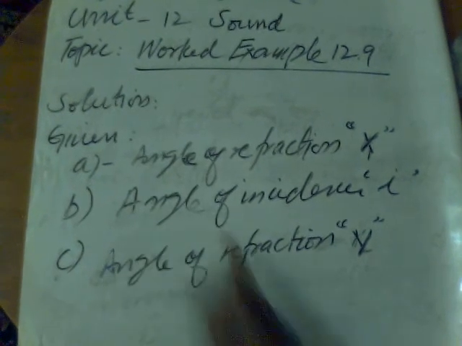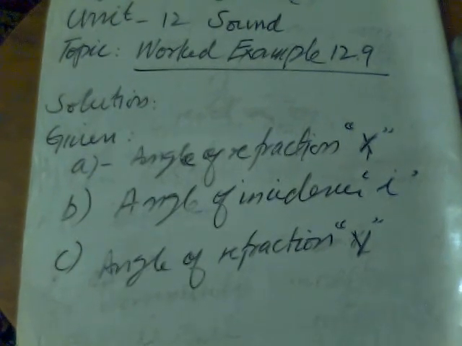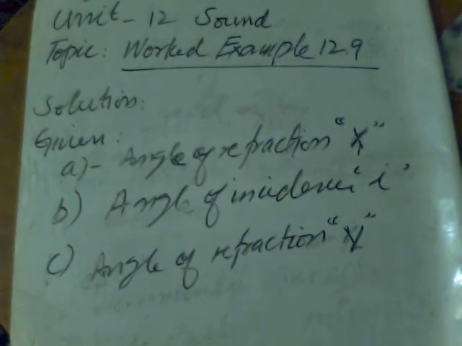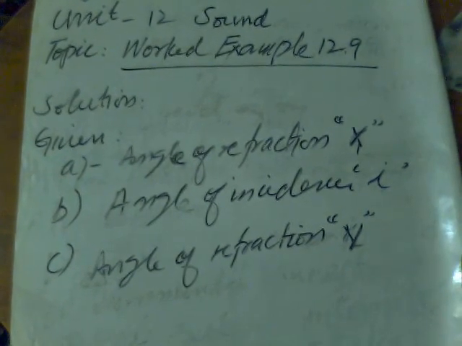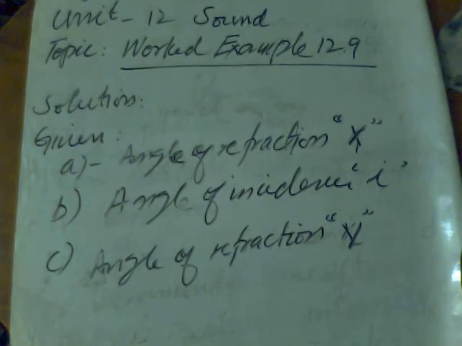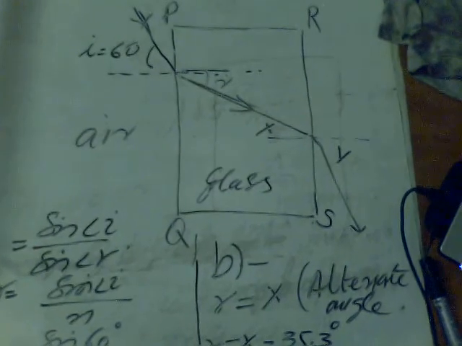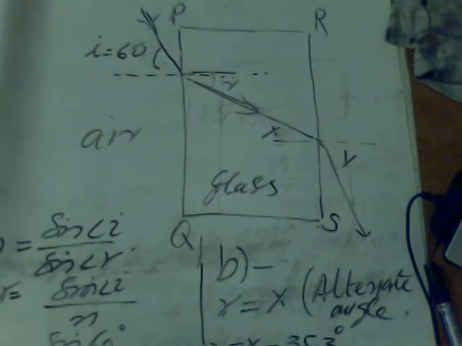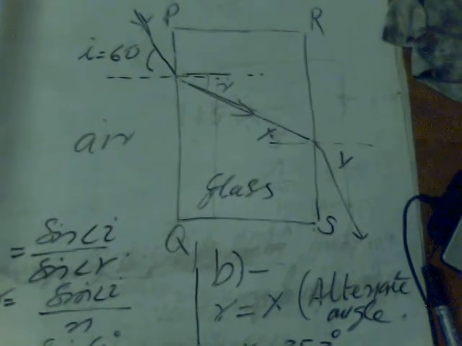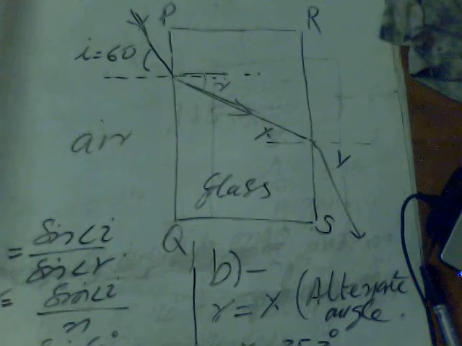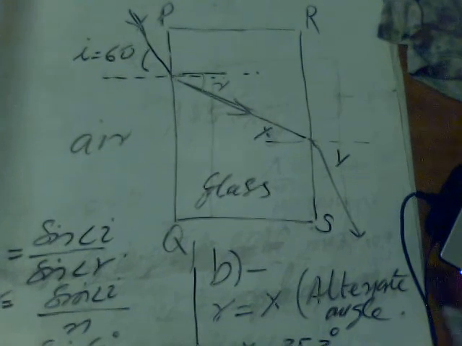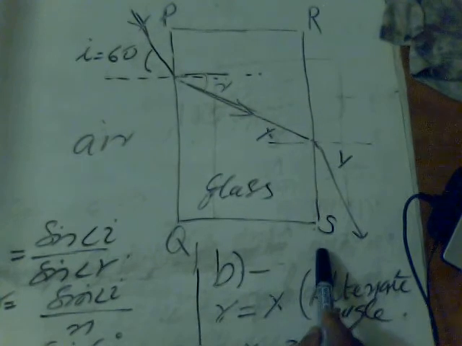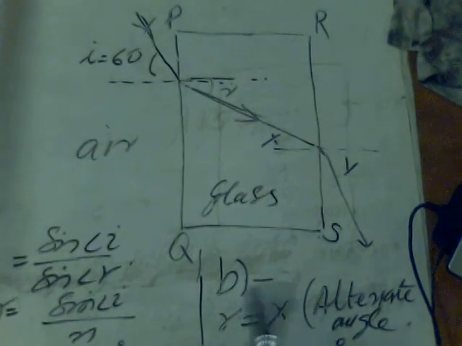And in part B, the angle of incidence I. So I will take you to the figure. I have already drawn the figure on your whiteboard. This figure is given in the book, example 12.9 on page 220. The figure PRQS is a glass slab.